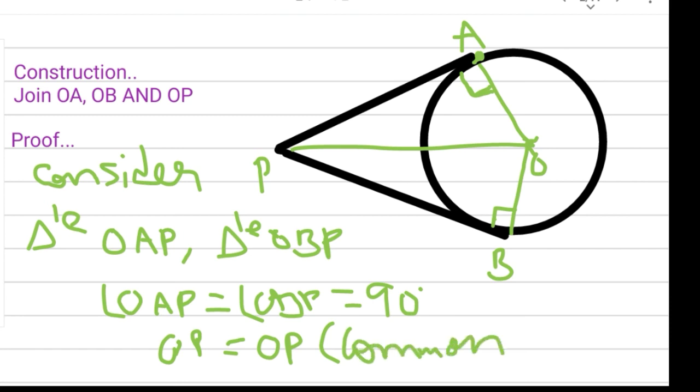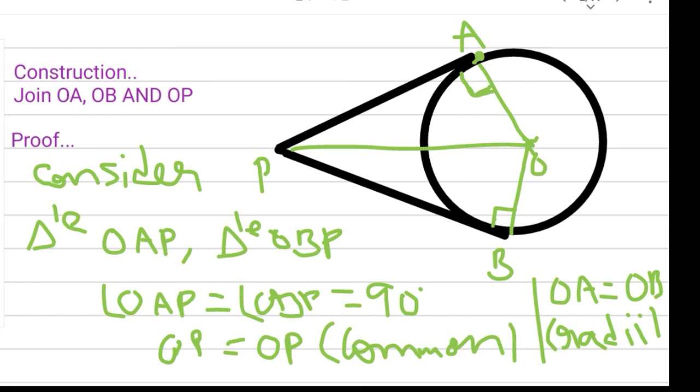And we know that the radii of the circle are equal. So, OA is equal to OB, since the radii of the circle are equal. Okay.